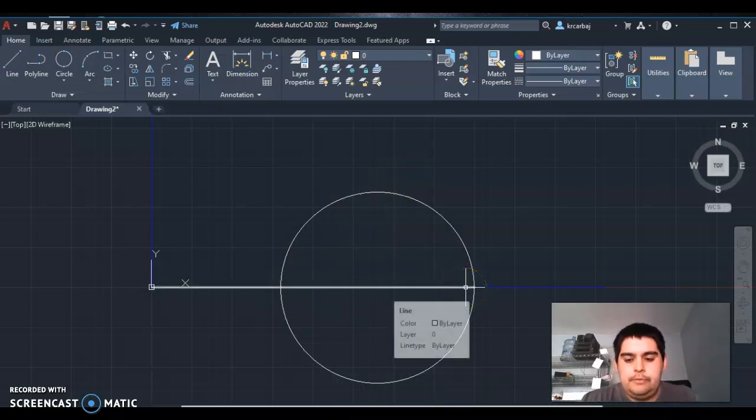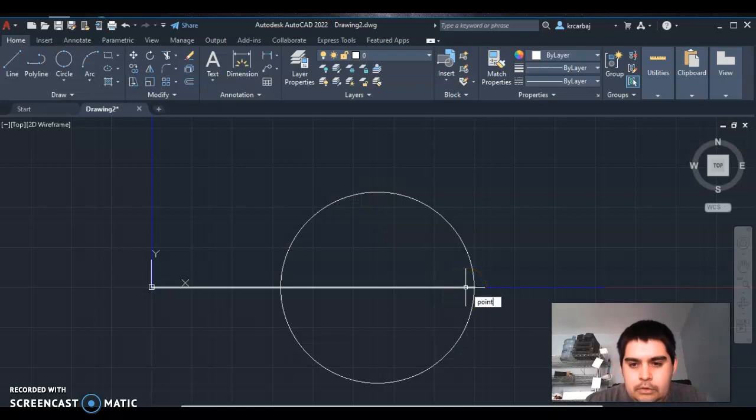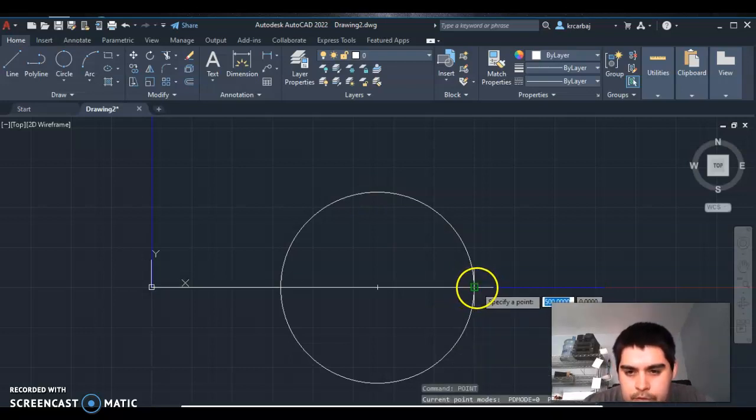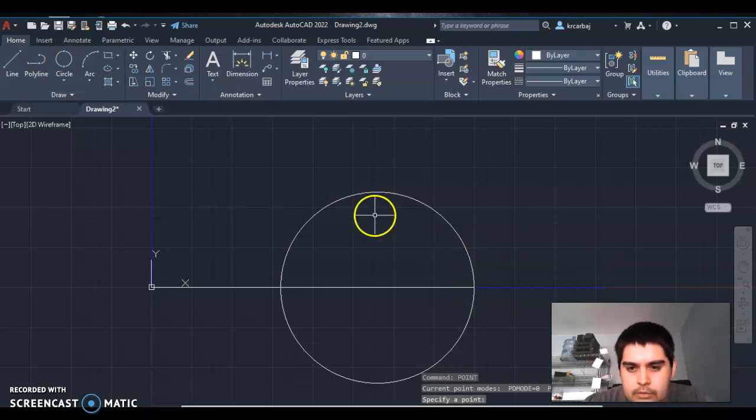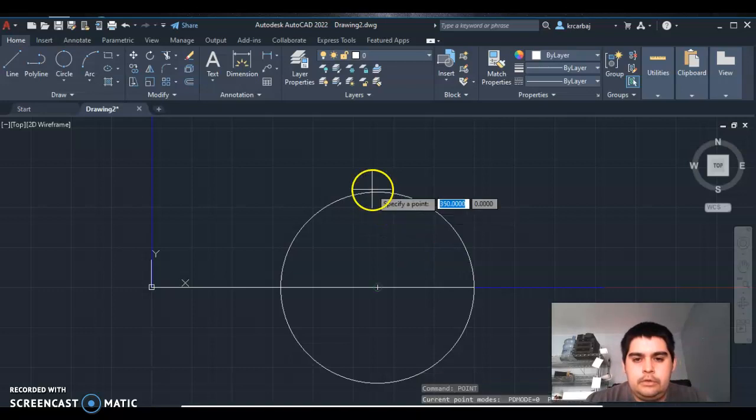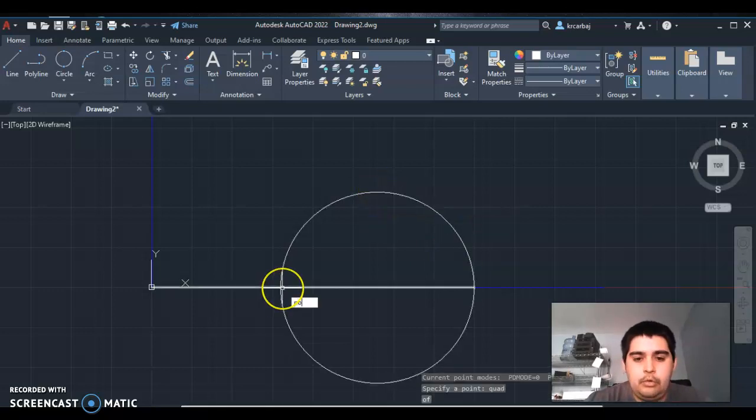So we'll go point. We'll just put this point right here. Then we'll do point right there and point almost there.